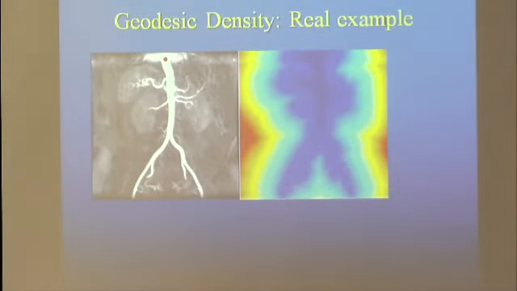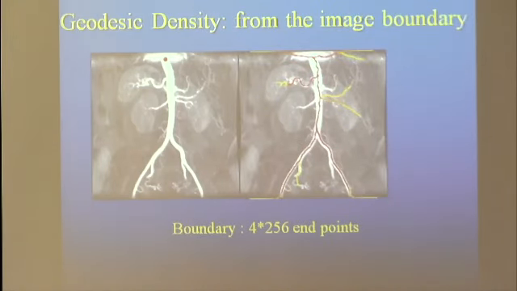So here is another example on real images. Here are vessels in medical images. You give a starting point, and you have here the fast marching, and you get this voting. Here you have a comparison between different ways of choosing the endpoints.